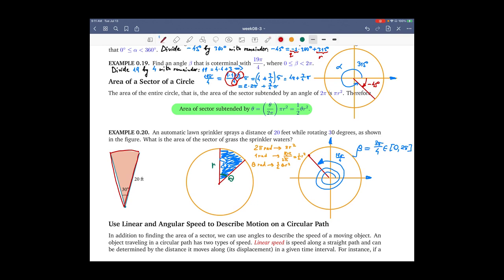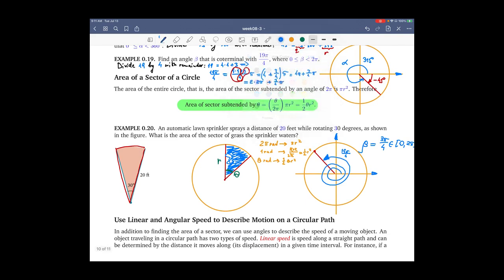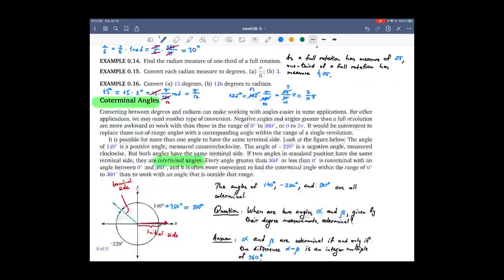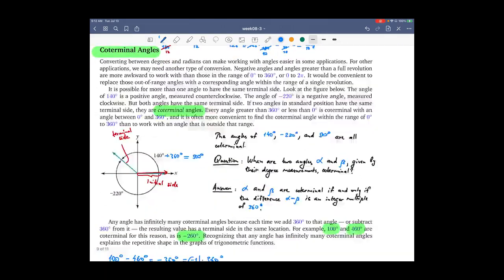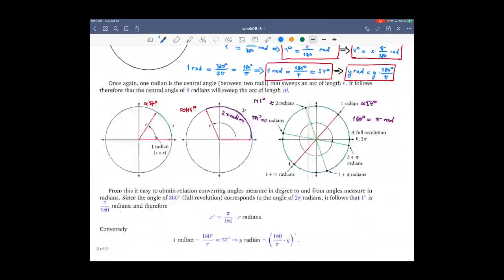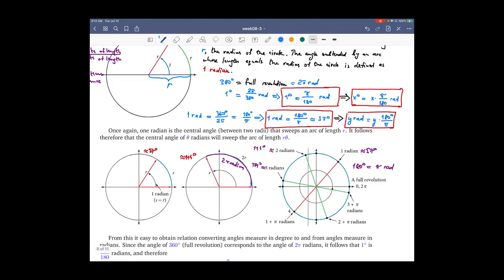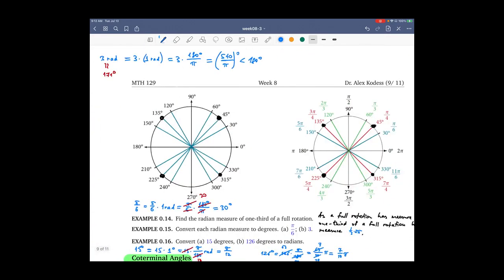So we know the angle of 30 degrees. If you don't remember that, it's easy to obtain this because 1 degree, what did we have? 1 degree is pi over 180 radians.